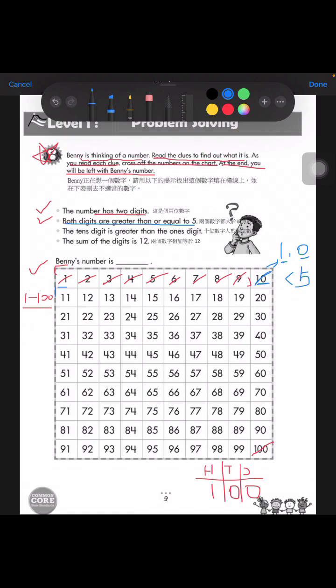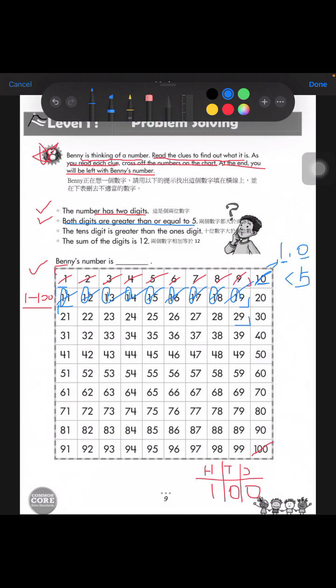Okay, let's look at other numbers. From 11 to 19, the digit in the 10th place is also 1. So 1 is less than 5, so we can cross them out.